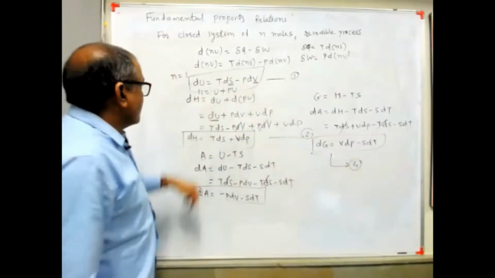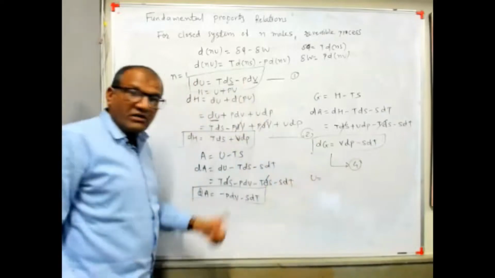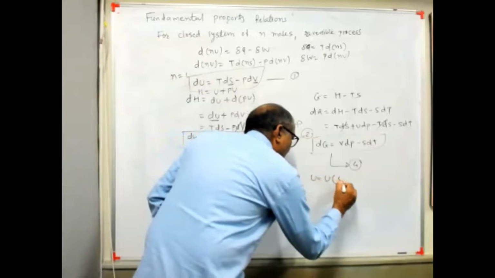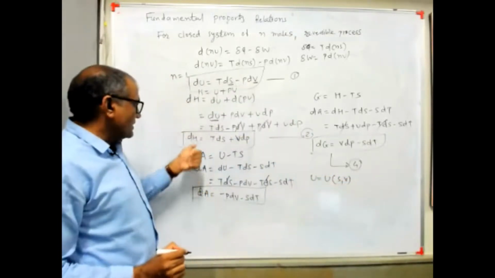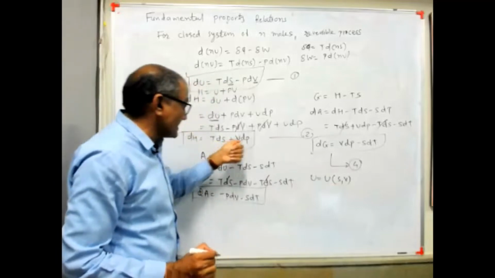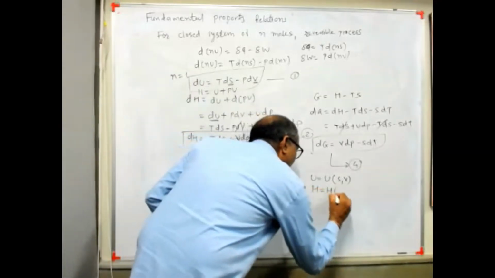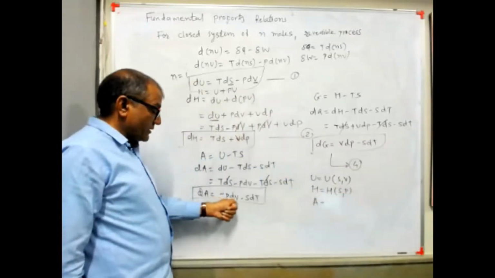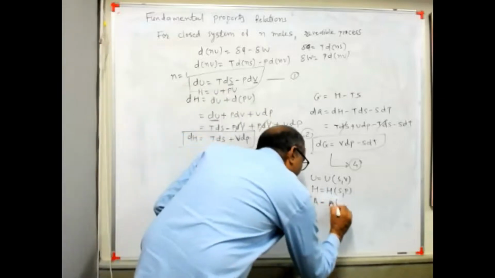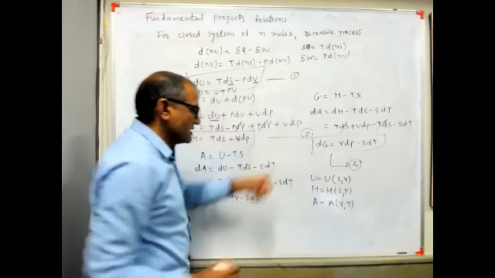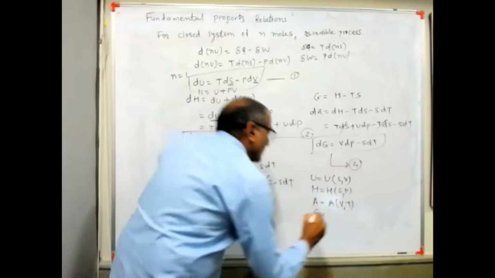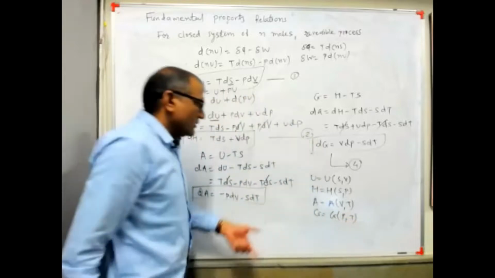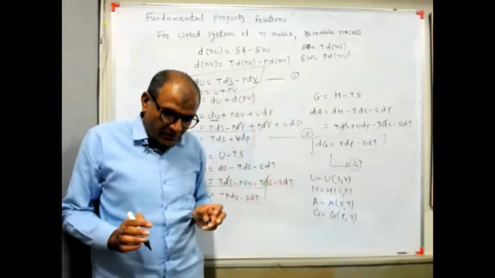I can write all of these: U from equation 1 is a function of two variables, S and V. H is a function of two canonical variables, S and P. A is a function of two canonical variables, V and T. And the last is G, a function of two canonical variables, P and T. These four are the fundamental property relations.